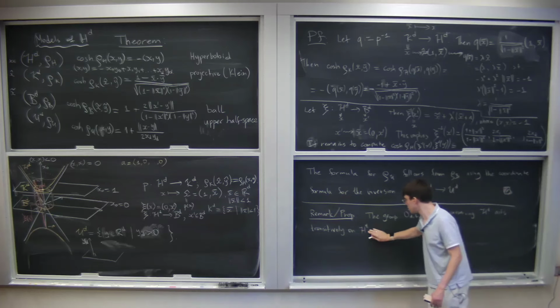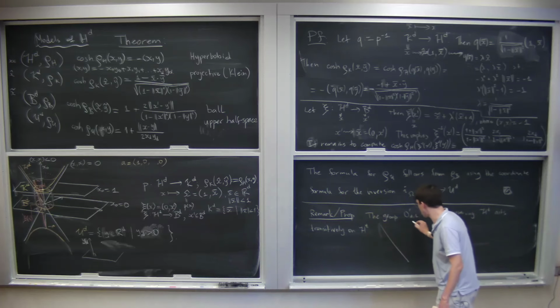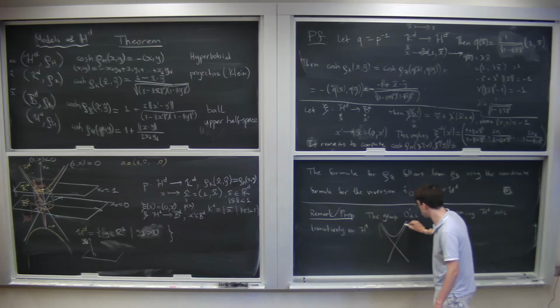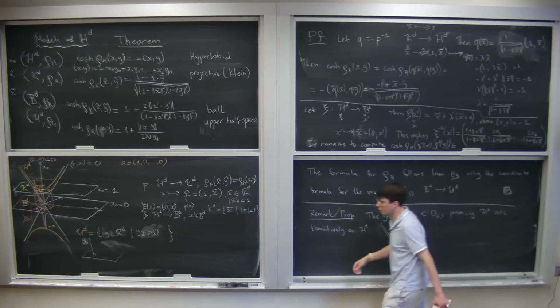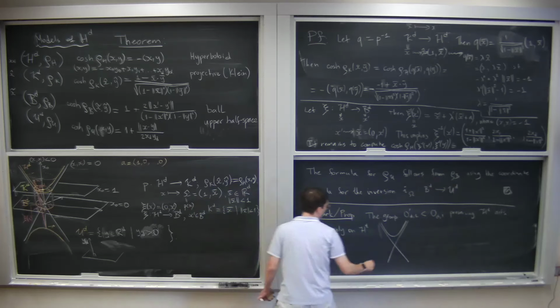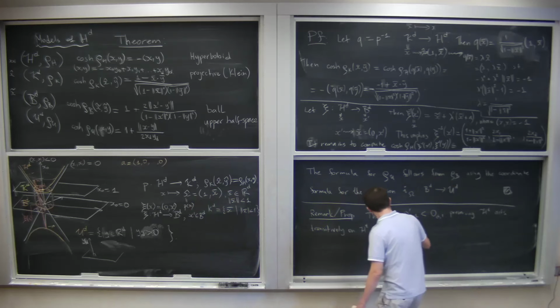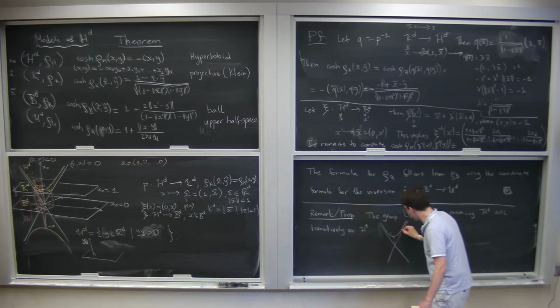But the hint to prove this is the picture. So this is our hyperboloid. Let me take the point A, this is my point A, and let us take any other point X. So A is 1, 0, and so on, zeros.